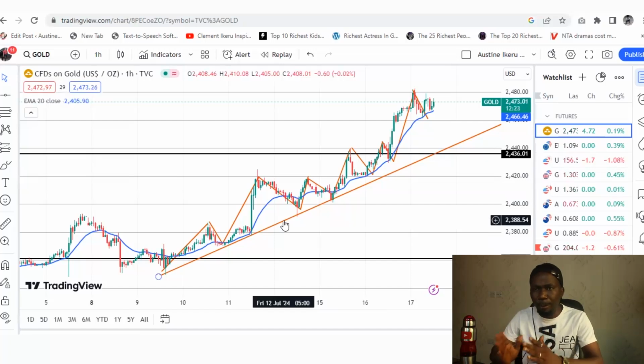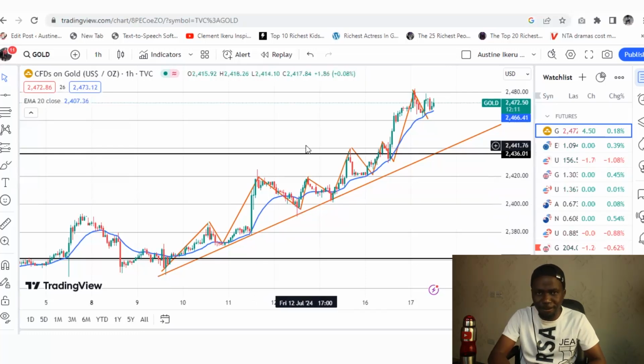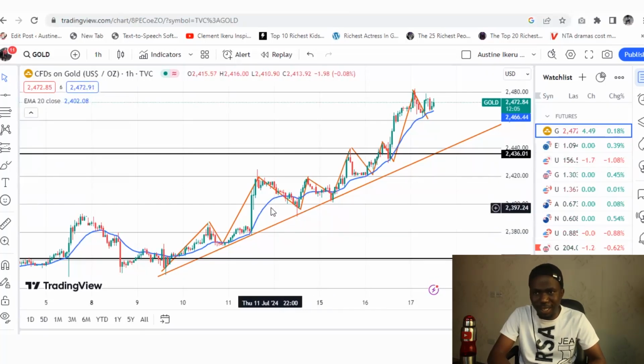So combining a moving average and a trend line gives you a perfect trading setup, right? Where your stop loss will be is below the trend line, not below the moving average in this scenario, because you can clearly see that the price is breaking below the moving average.